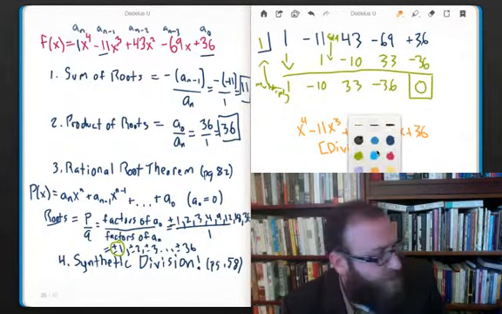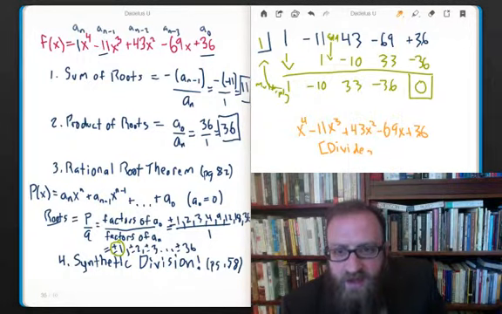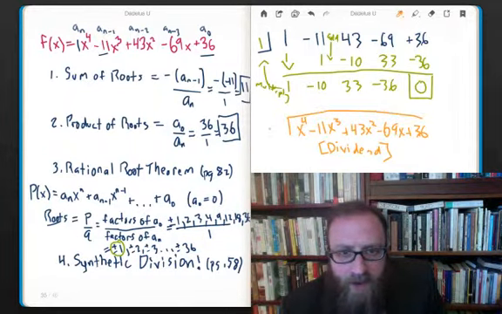Essentially, we're just dividing it by this x minus 1. We could show it even in long division here. So that's the divisor.